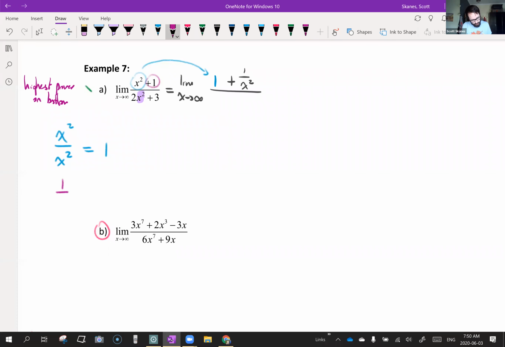What's 1 divided by x squared? It is that. There's nothing to simplify. So that's why I'm going to put that here. Okay? What about 2 over x squared? What does that give us? It just gives 2. What does 3 over x squared give us? It just gives 3 over x squared. Okay, before I go any further, do you see what I'm doing, or am I just doing craziness for you right now?